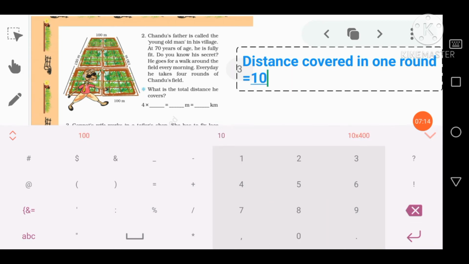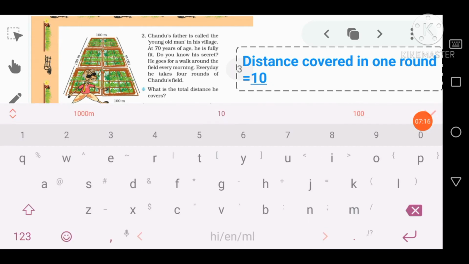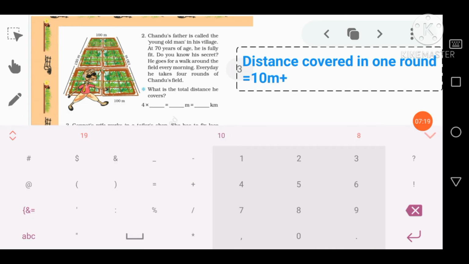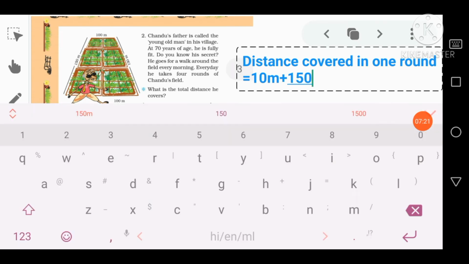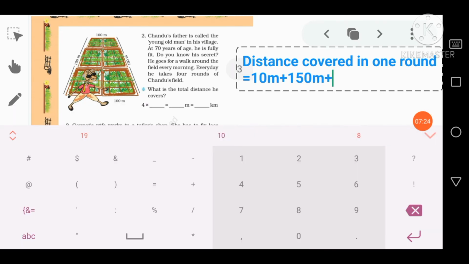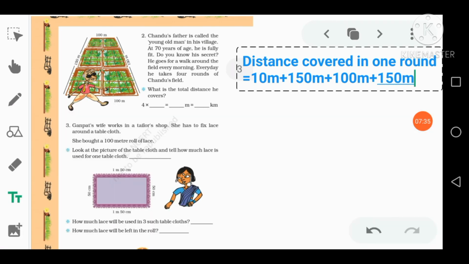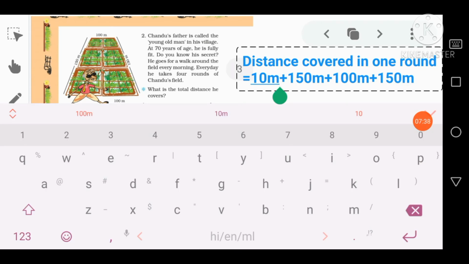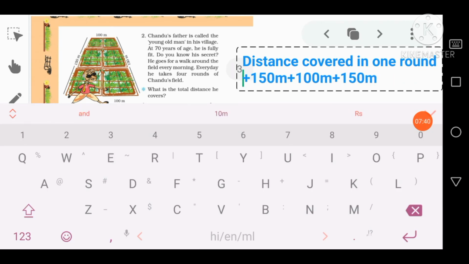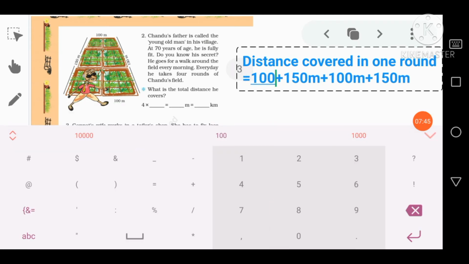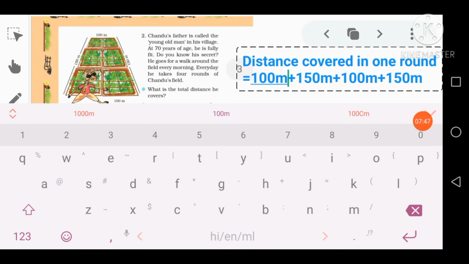That is 100 meter plus 150 meter plus again 100 meter plus 150 meter. All of you do this in your classwork and find out the answer. Sorry, this is 100, right? Meter. Okay. So 100 meter plus 150 meter.